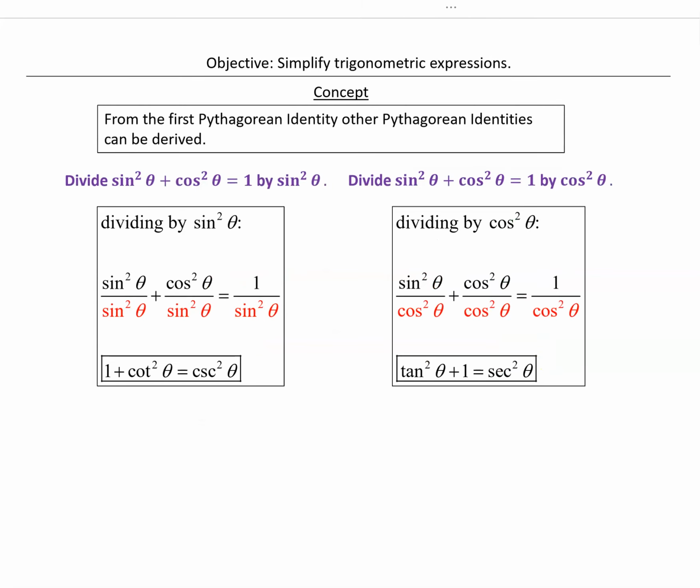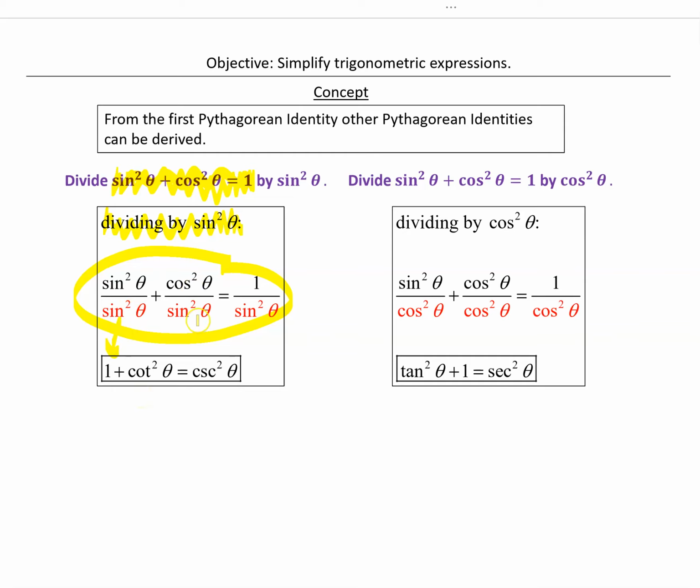Now we are going to look at how we derive some other Pythagorean identities from our initial Pythagorean identity of sine squared plus cosine squared equals 1. If we divide both sides by sine squared theta, this is what it creates. Anything divided by itself is 1.